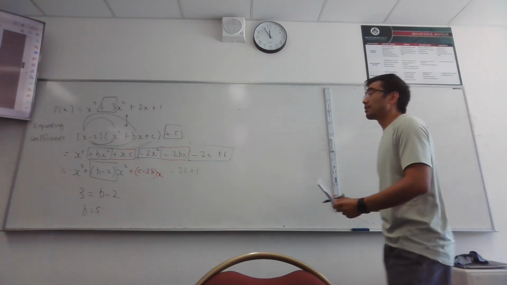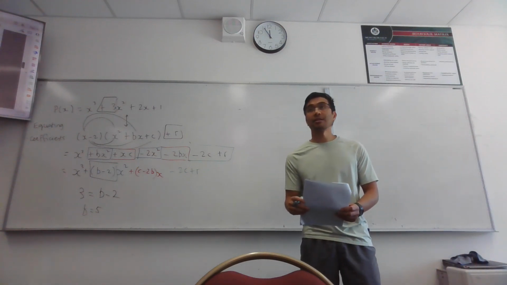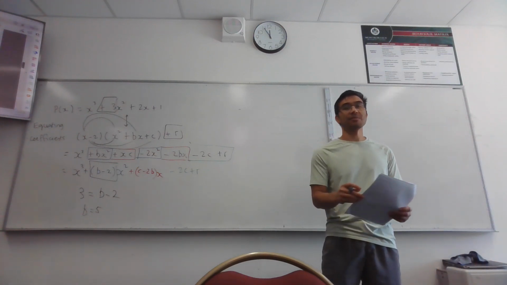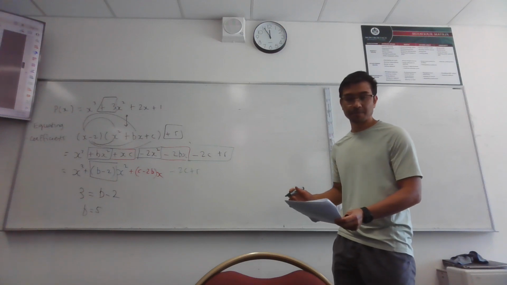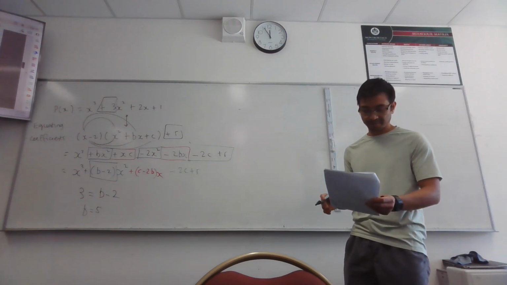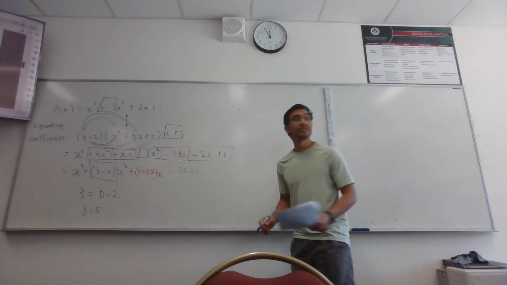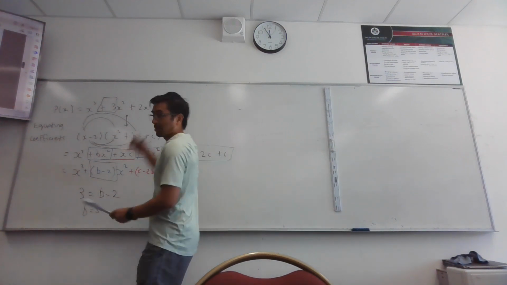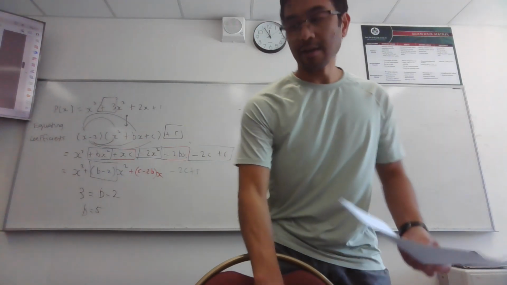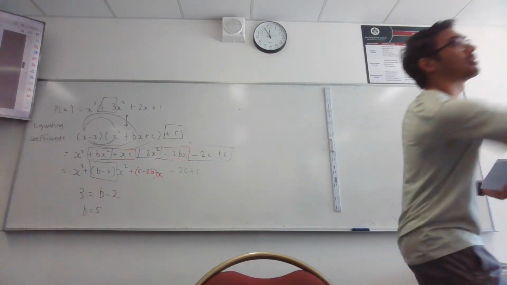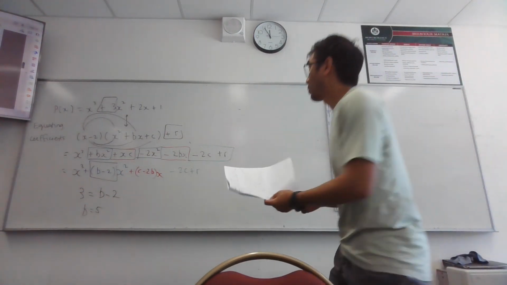All right. Does anyone else see something? Gabe, what do you see? c minus 2b is equal to 2, and you already know b. Excellent. Gabe has seen that there's another equation.